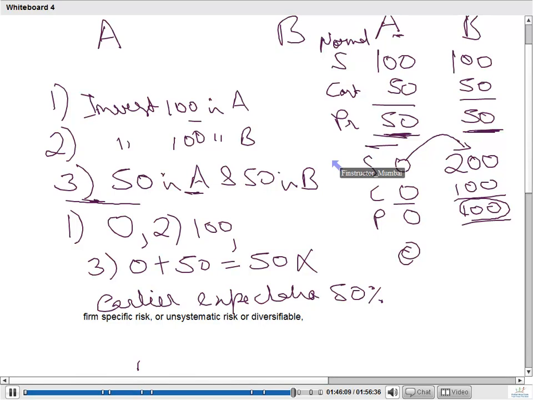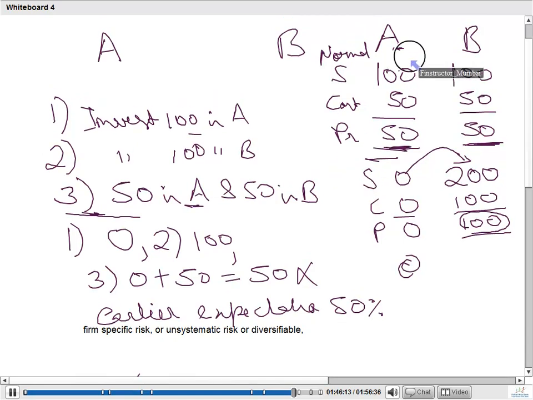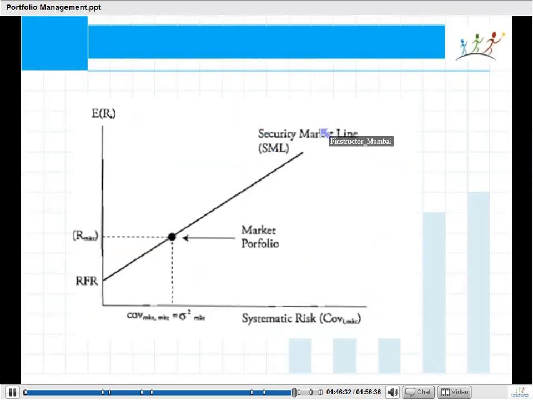So market risk, nothing can be done about. But firm specific risk is not a risk that an investor has to bear. Firm specific risk can very well be diversified away by investing in manner 3. That is by diversifying your investments in many stocks. This is the concept of diversification.